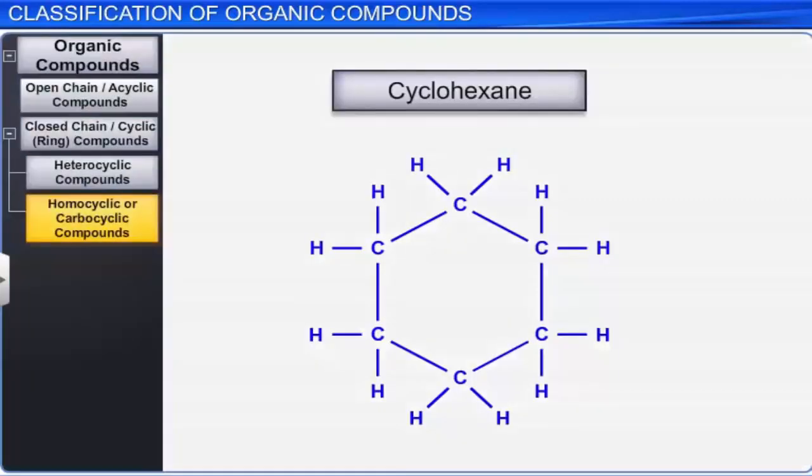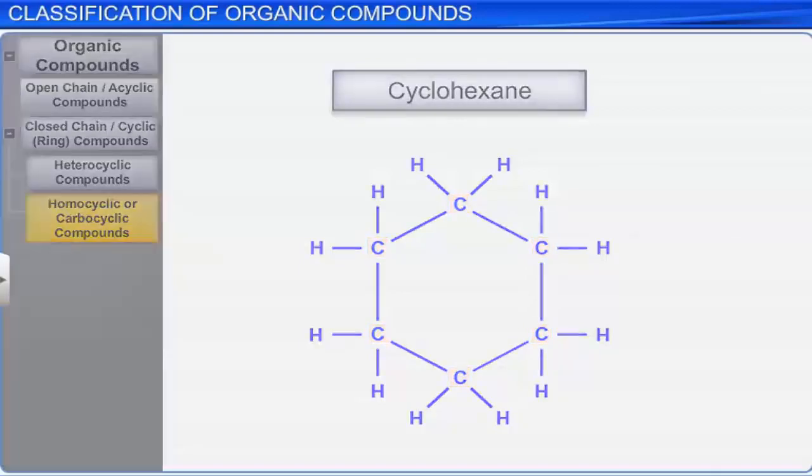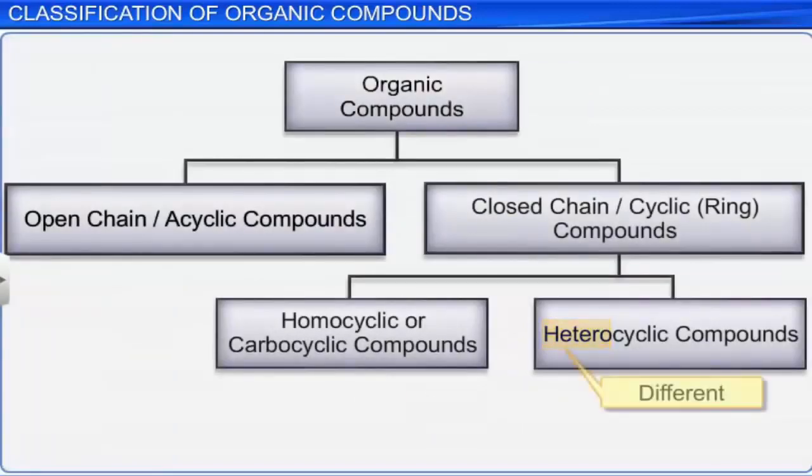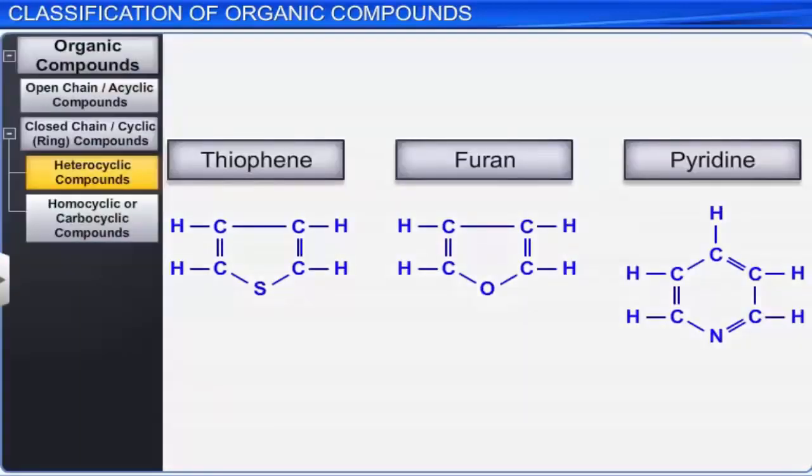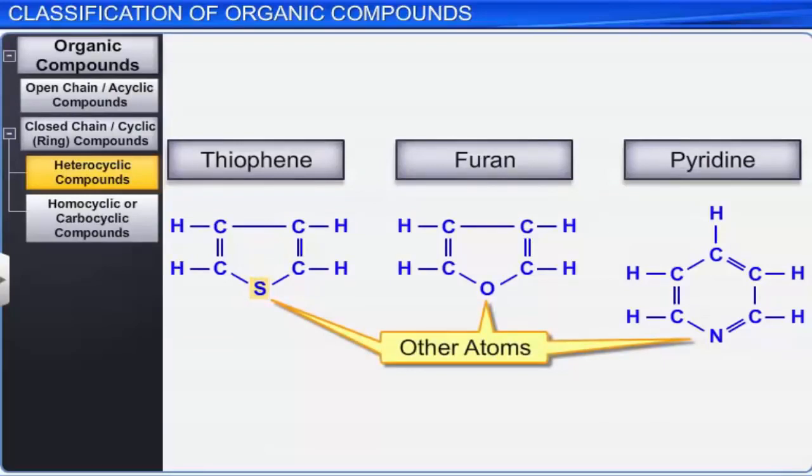Thus, homocyclic or carbocyclic compounds are those in which the ring consists of only carbon atoms. For example, in cyclohexane, the ring consists of only carbon atoms. The word hetero means different. Heterocyclic compounds are those in which the ring consists of carbon atoms as well as other atoms like sulfur, oxygen, or nitrogen.